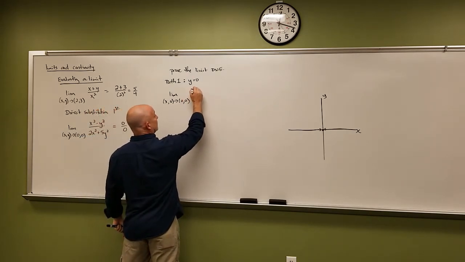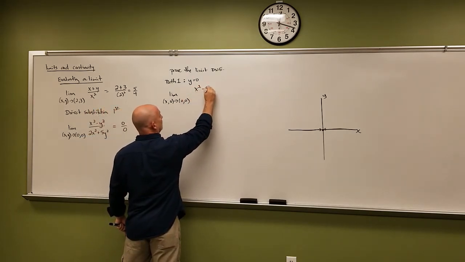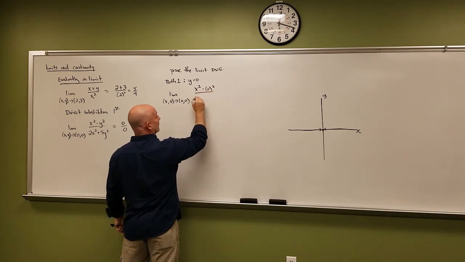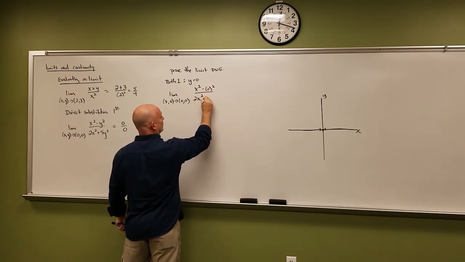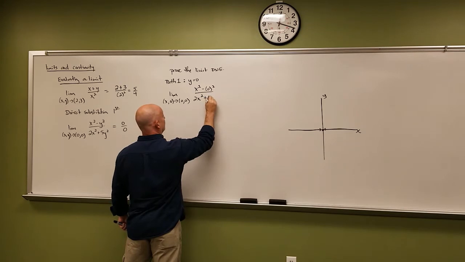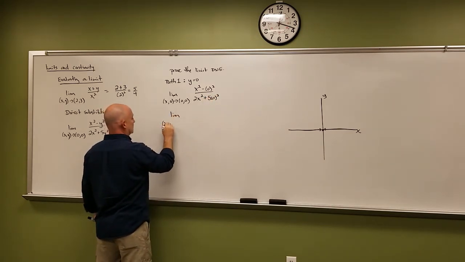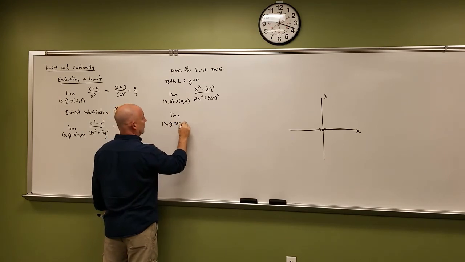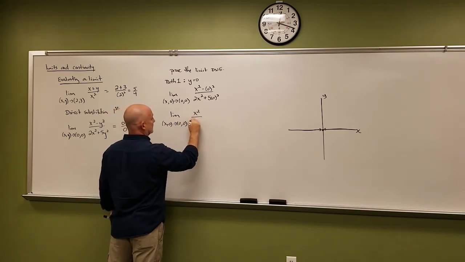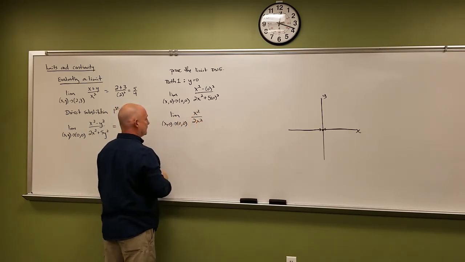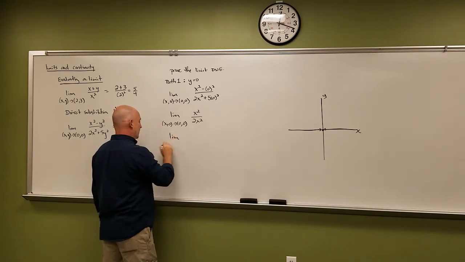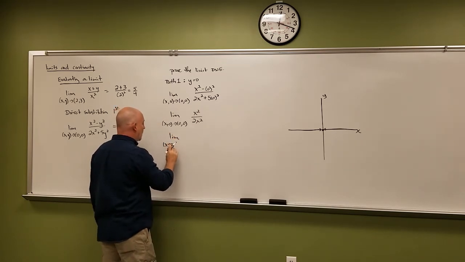And what does our function become? Well, that's x squared minus 0 squared all over 2x squared plus 5 times 0 squared. So we want to know what the limit as (x, 0) approaches (0, 0) would be. Well, that's just x squared over 2x squared.